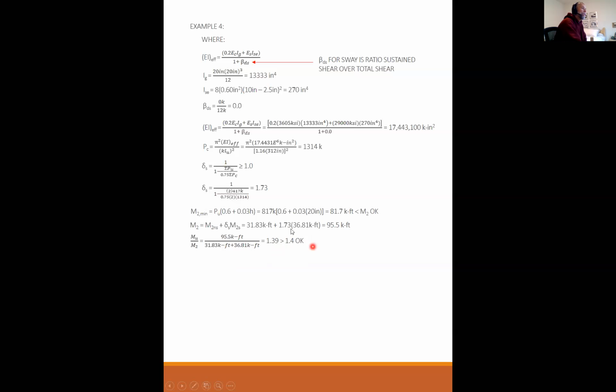So I still have this 1.4 restriction, but it's not on delta S, which was 1.73. It's on a total effective amplification. So my design load divided by my first order design load is still just under 1.4, so we're okay.